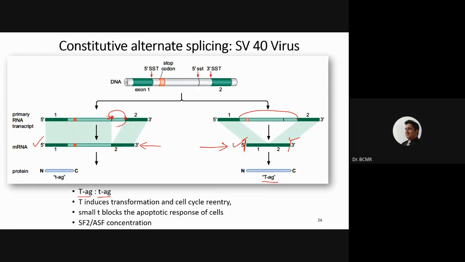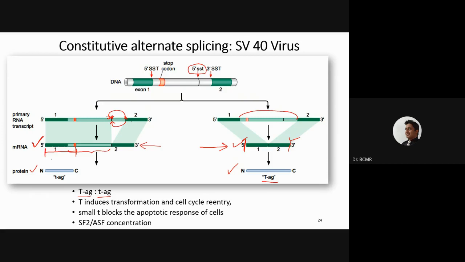Exon 2 is spliced into an internal site, something like a pseudo 5' splice site. So this part of the intron is retained, because of which the mRNA is larger in size compared to that of the capital T mRNA. But the point is why capital T antigen is larger than the smaller one: because the reading frame is larger.